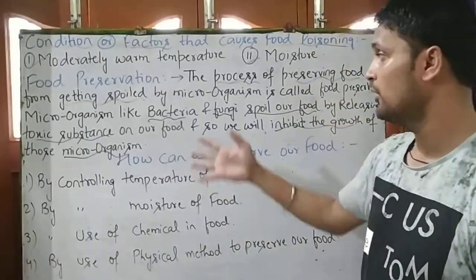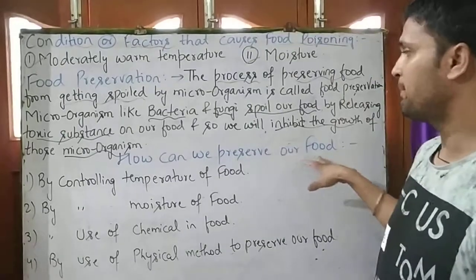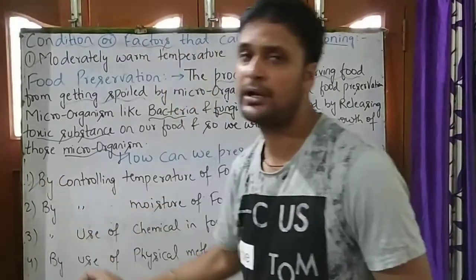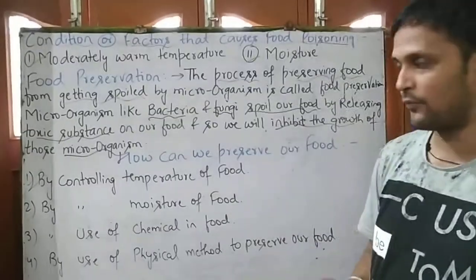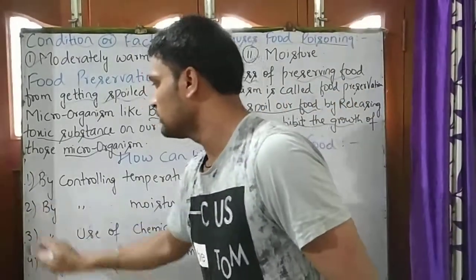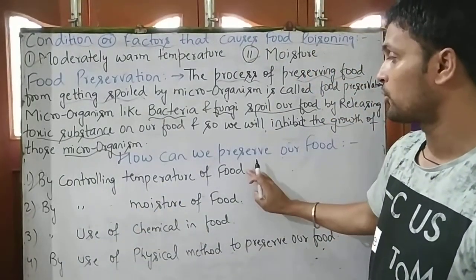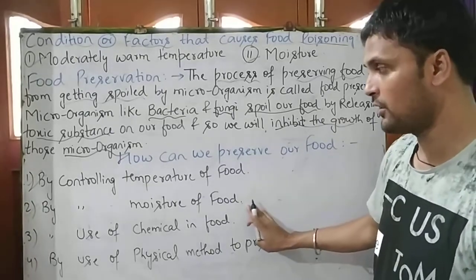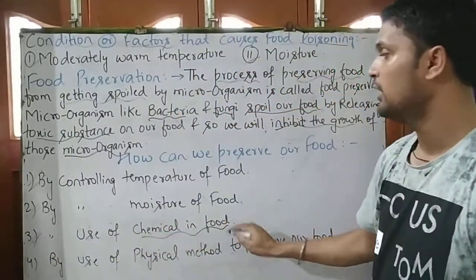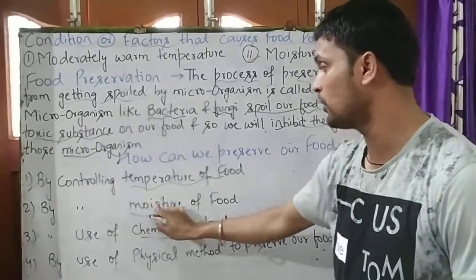How do we preserve our food from bacteria and fungi? We can preserve our food by controlling temperature. We will see it later as the topic moves on. The second is by controlling the moisture of food.